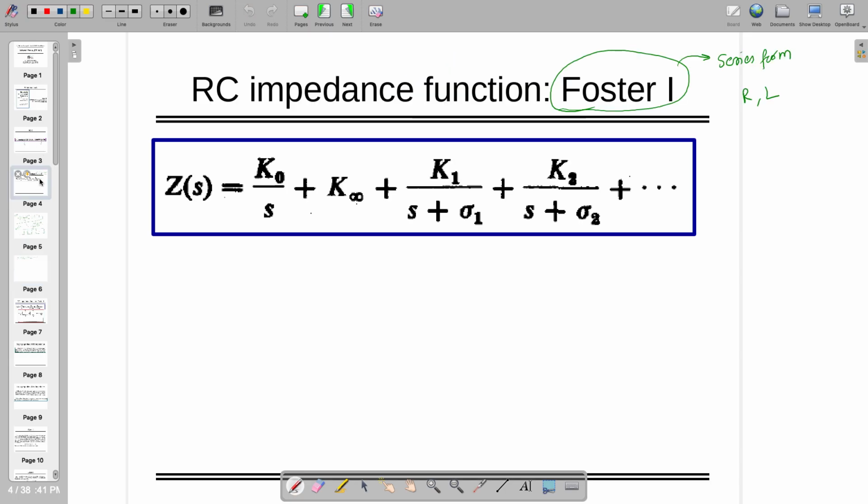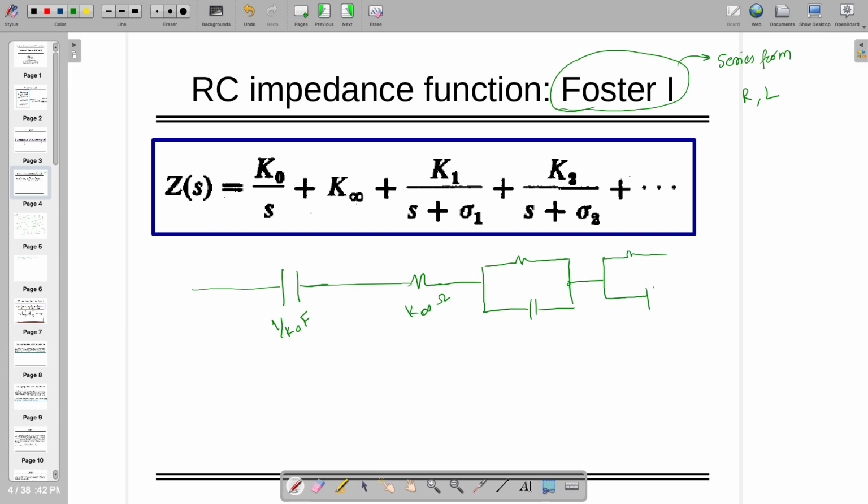So that is easy to do with a capacitor. This will be resistance. Value of capacitor is 1 by K0 farad. This will be K infinity ohm, and there will be resistance, capacitance, resistance, capacitance, right?